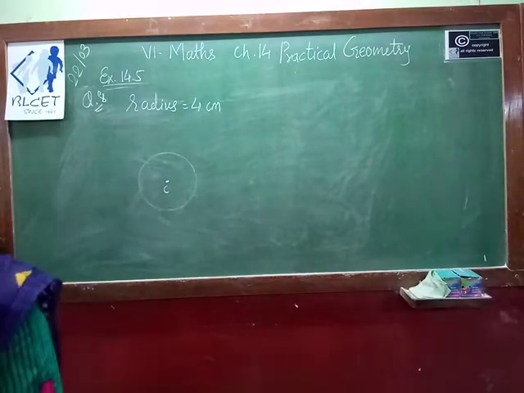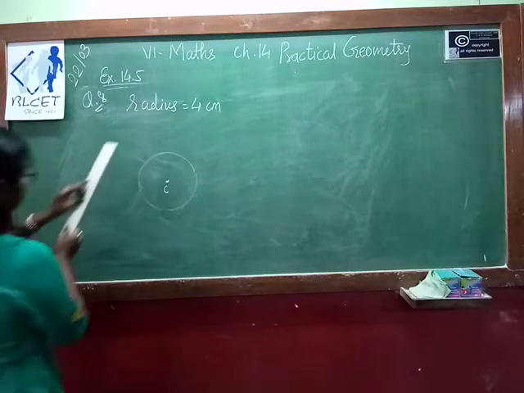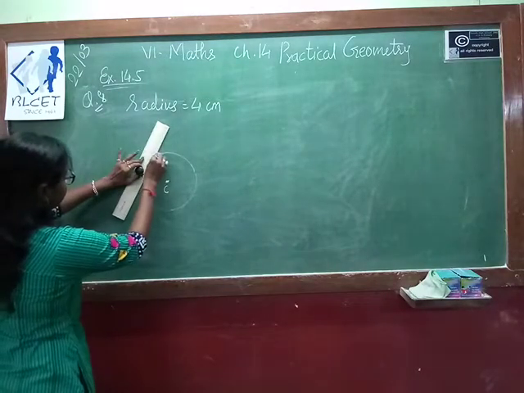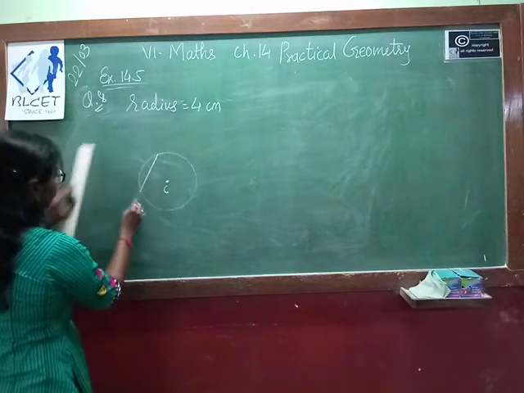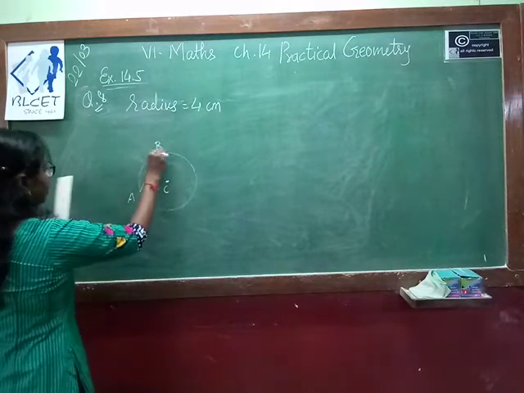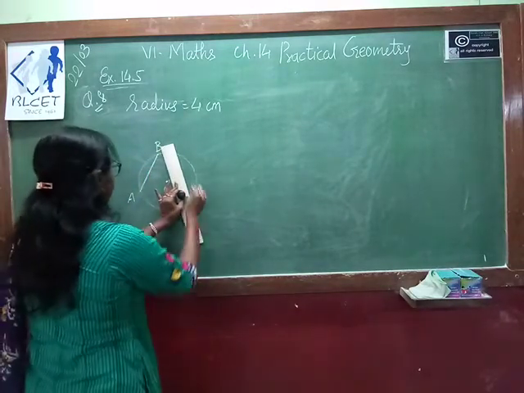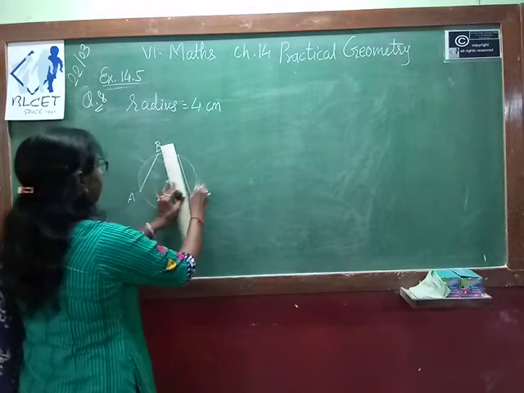Now we draw two chords of any length. Suppose you are drawing this one chord of length AB, and here another chord, name it PQ.